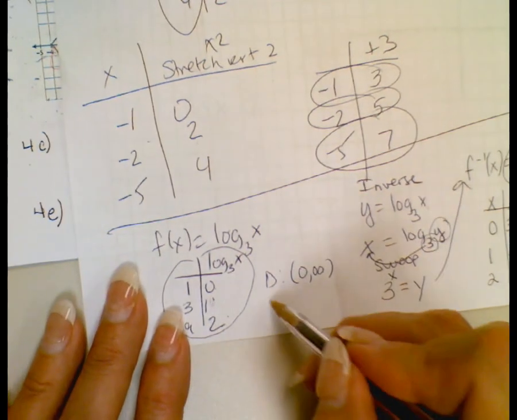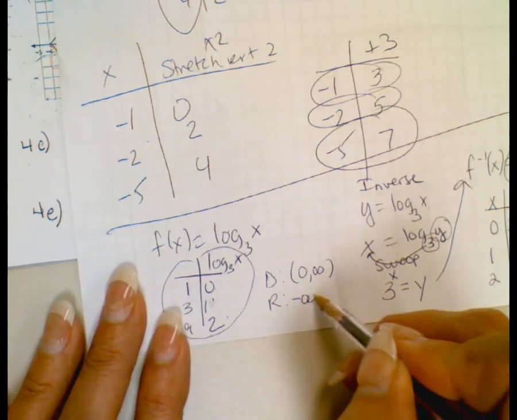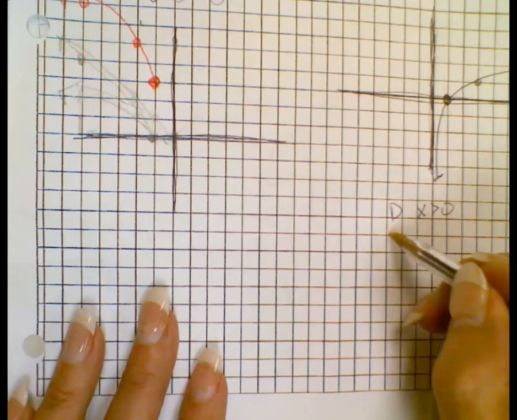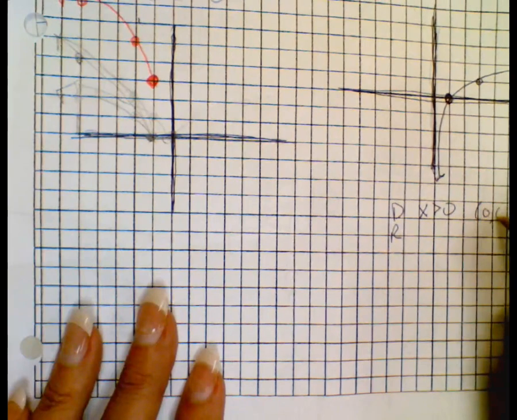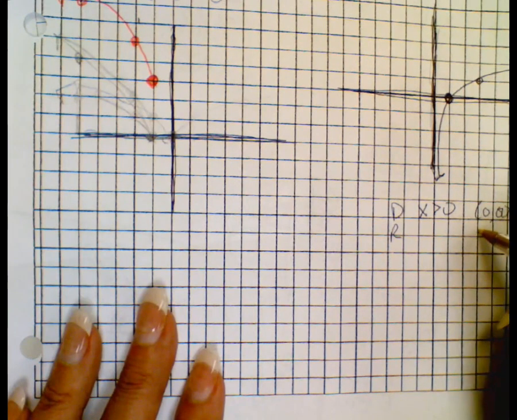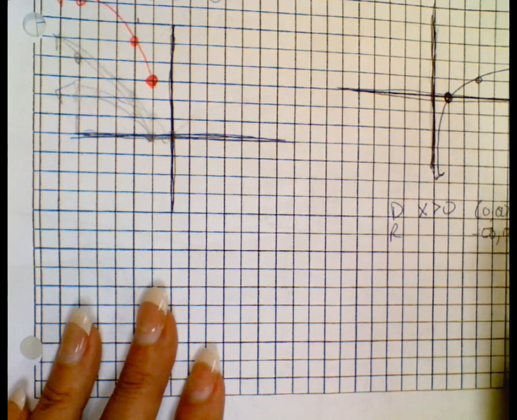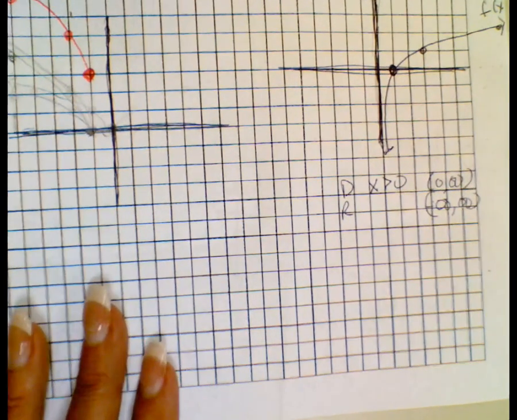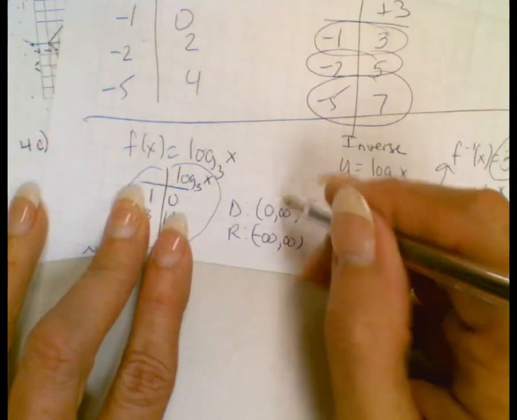The range is actually negative infinity to infinity. It's all real numbers. Okay? So this is 0 to infinity, and your range is all real numbers. It's kind of hard to see on the graph here, so I apologize. So this is what your domain and range is currently.